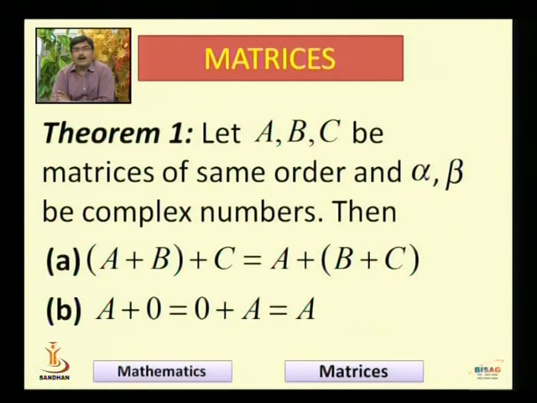Okay, so now after defining addition and scalar multiplication, we now move to the last step, which will give us the guarantee that the set of all m by n complex matrices are actually forming a vector space.